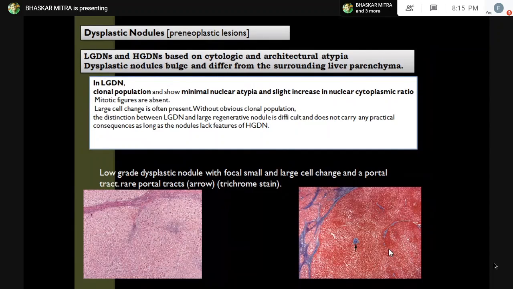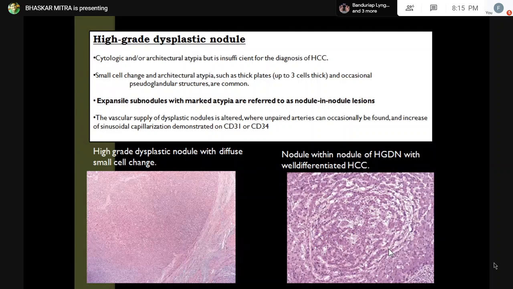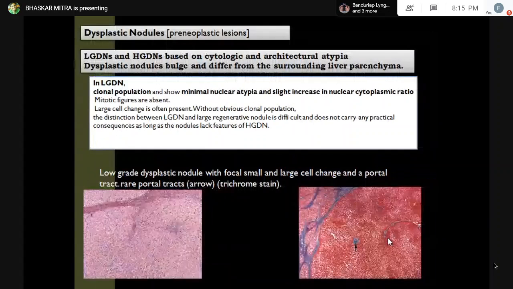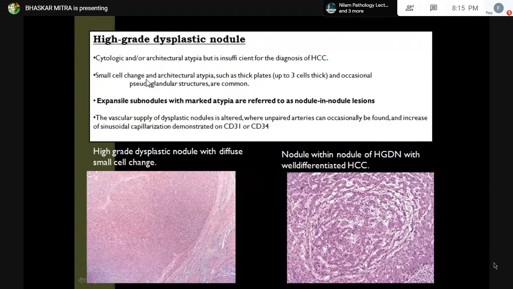This is the dysplastic nodule. As I said, this is a dysplastic nodule showing extensive small cell changes, showing high architectural atypia. The cell plates are increased, up to 3 cell layer thickness, but not more than this.